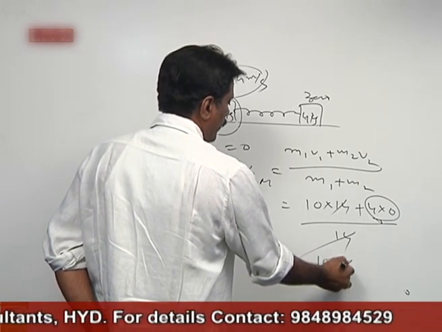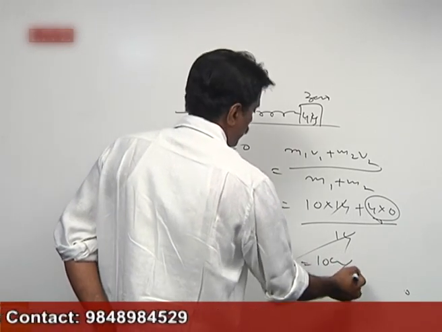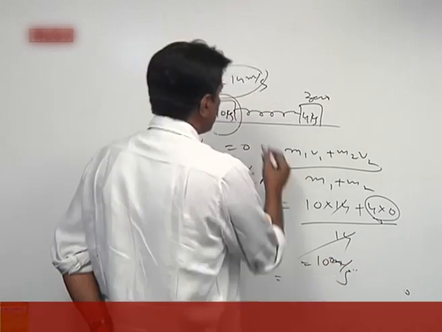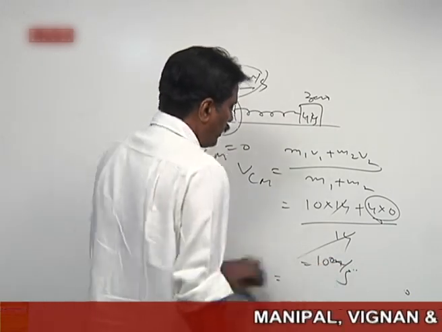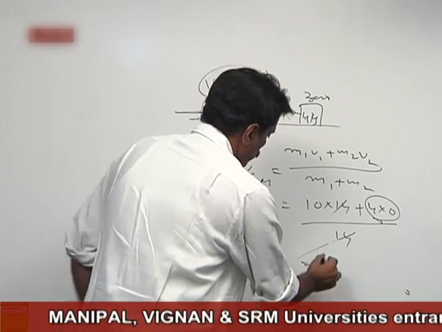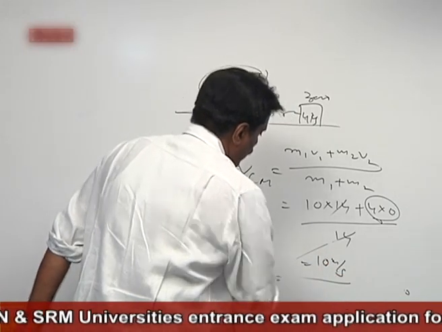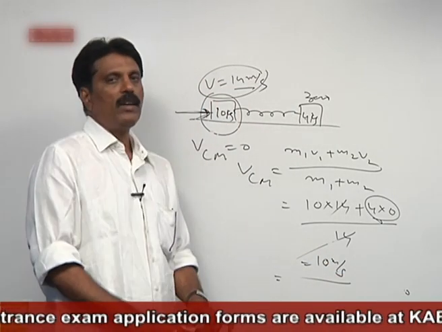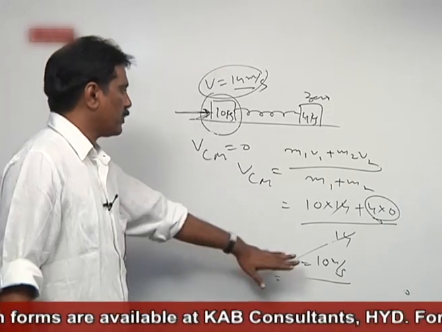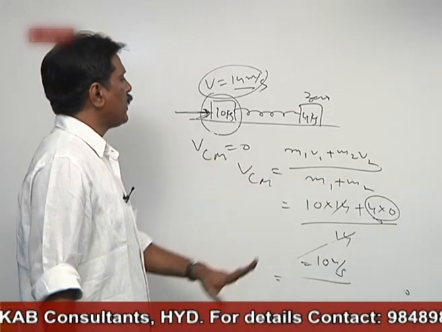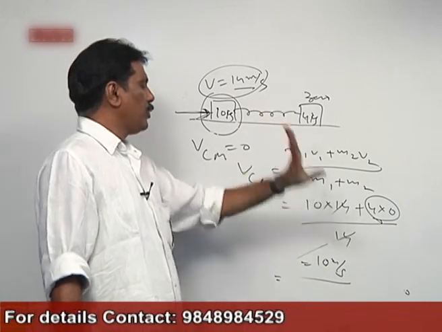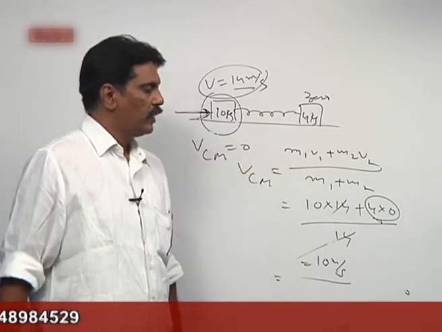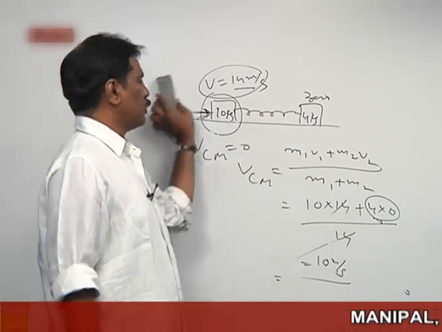This is 10 meters per second, because this is in meters. So, 10 meters per second is the velocity of the center of mass, and that continues to be the same after any length of time, if there is no external force acting further. That is how we should do this problem.